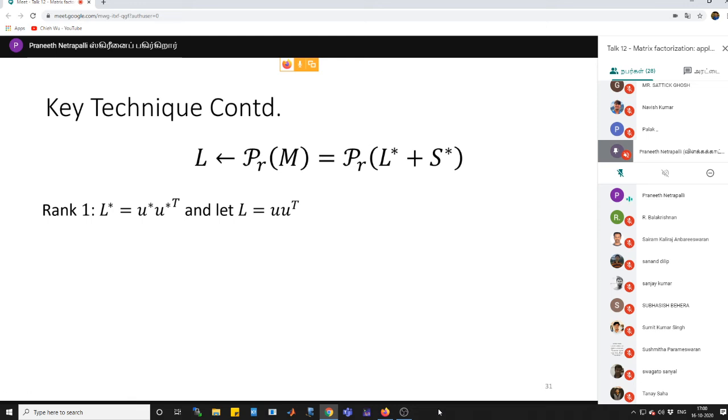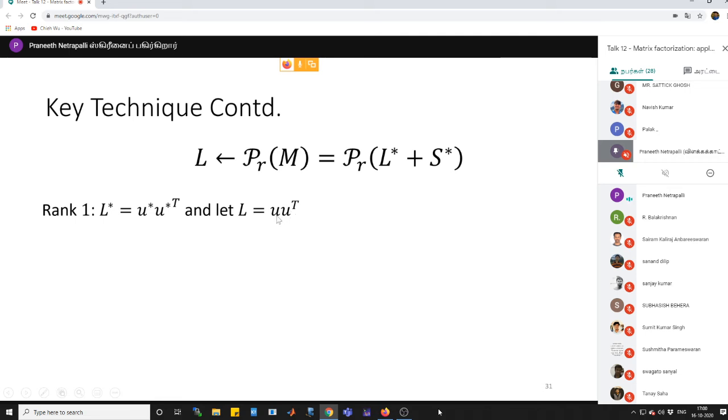So let's go through a brief proof outline of how we do this. Let's say L star is rank 1, right? So L star is just U star U star transpose, and because L is a low rank projection, it's again a rank 1 matrix, right? So L is, let's say, U U transpose.